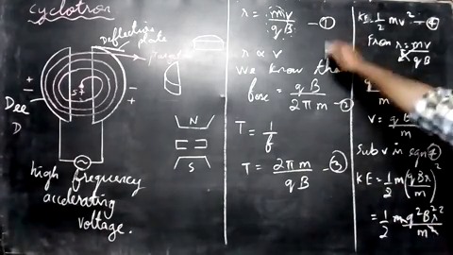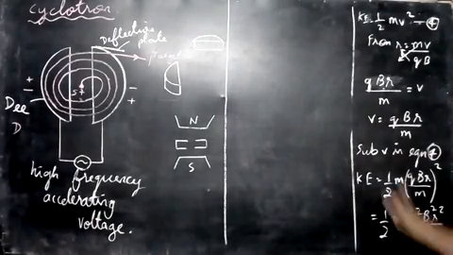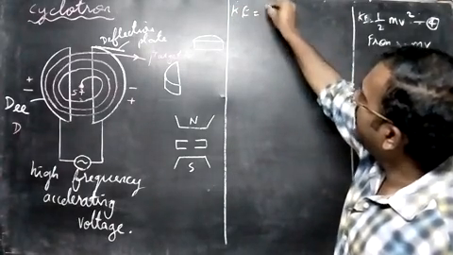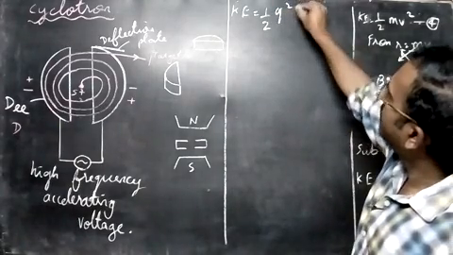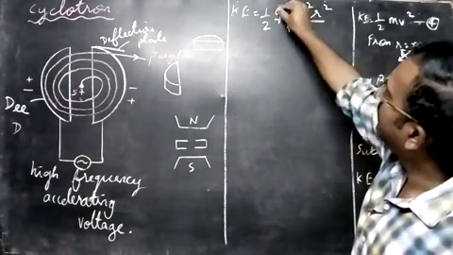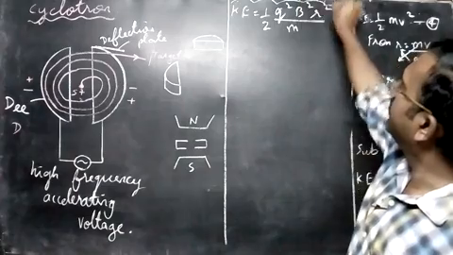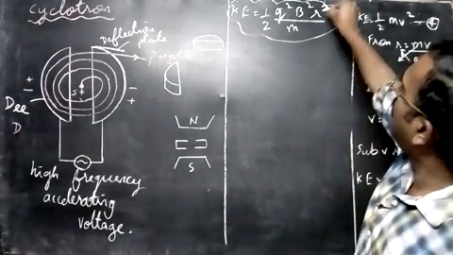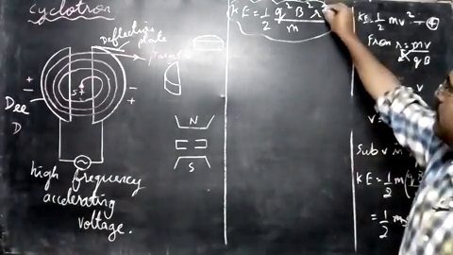I'll write the remaining step here. So the kinetic energy formula comes to be half, then q square B square, and then small r square divided by m. So this is the equation for the kinetic energy. This is r square. Okay, it's clear.